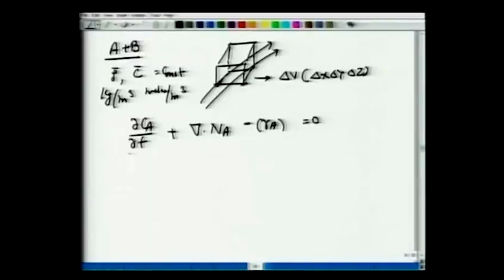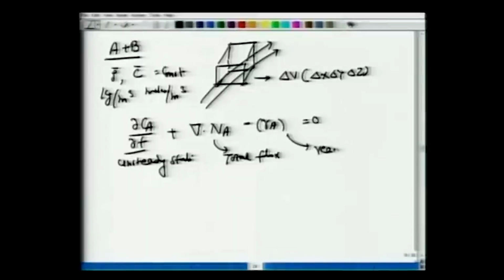We have the unsteady state term, the total flux, which has two components, bulk transport and diffusion flux, and this is a reaction term.